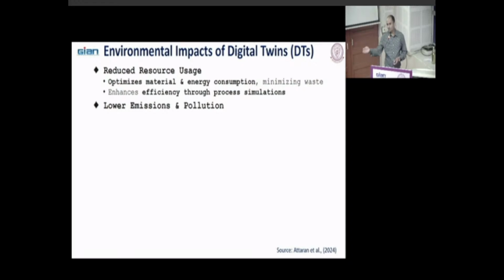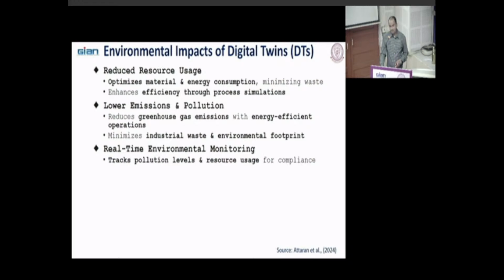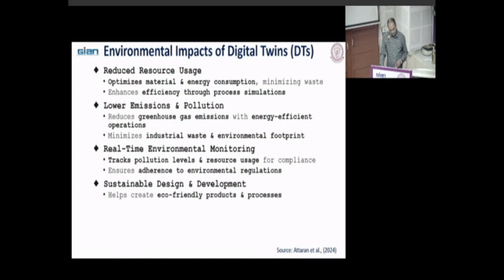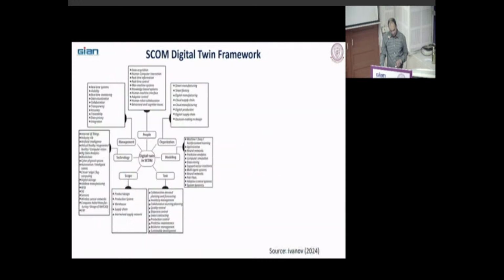It will reduce cost, time, and emissions. Greenhouse gas emissions, industrial waste, real-time environmental monitoring. You can find out the scope 1, 2, 3 emissions of your company. Sustainable design and development, eco-friendly products and processes, all those things. It drives sustainability by optimizing resource use and reducing emissions.